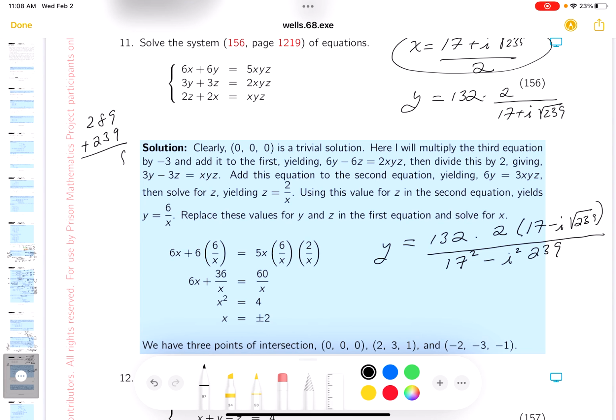9 and 9 is 18. 8 and 8 is 16, 17. And 2 and 2 is 4, 578. I'm just copying right away. 289, 239.